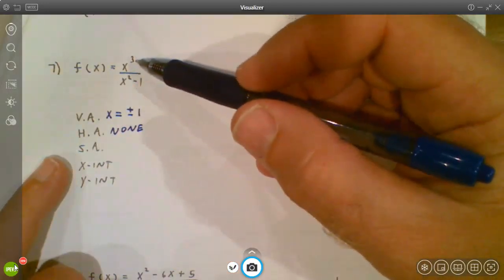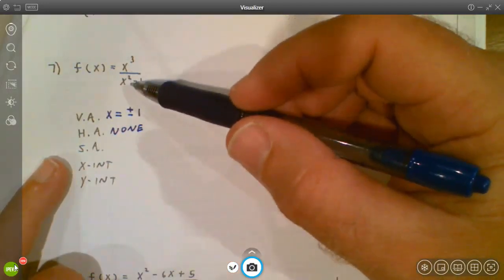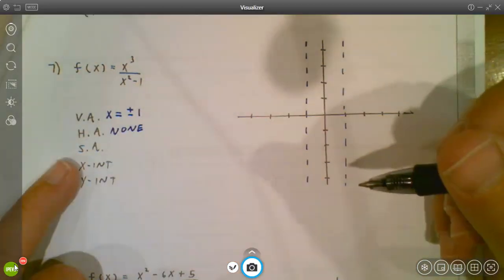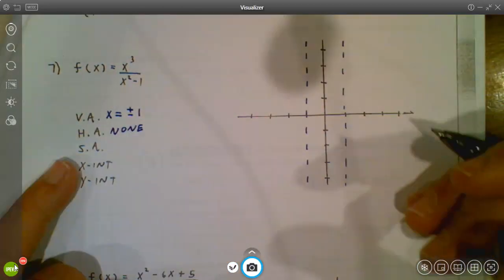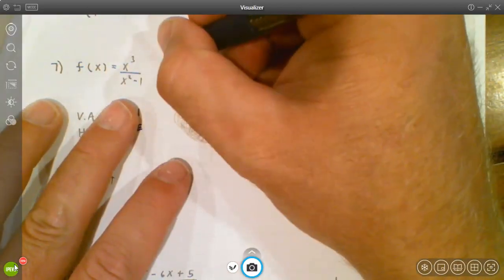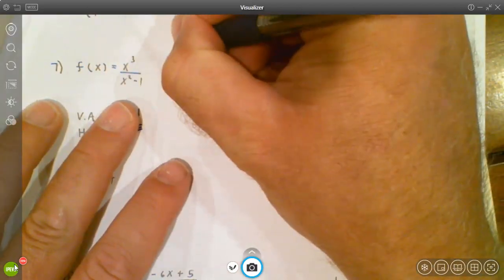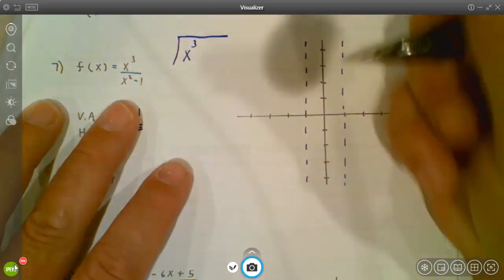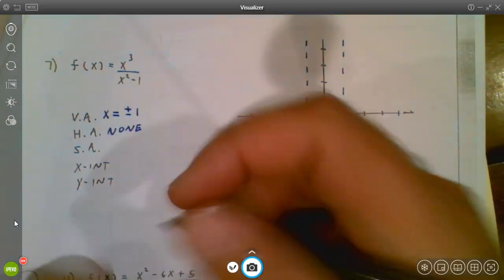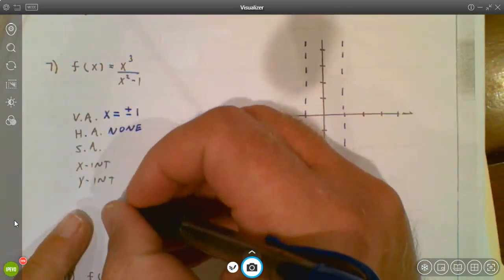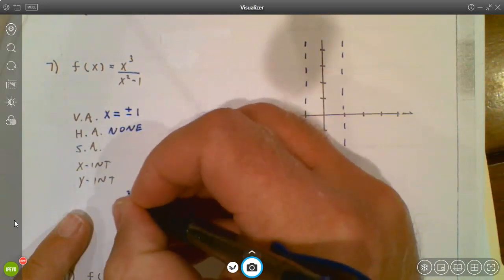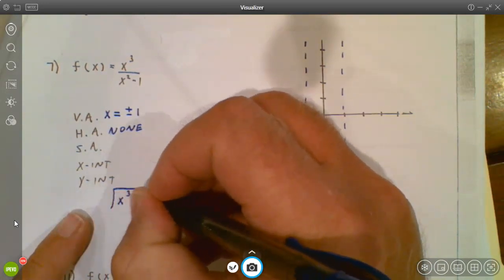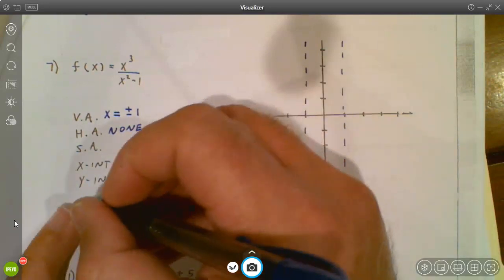Since the top exponent is one value bigger than the bottom, we do know that there's a slant asymptote, and to find it, you're always going to use long division. So if I did x to the third divided by x squared minus 1.